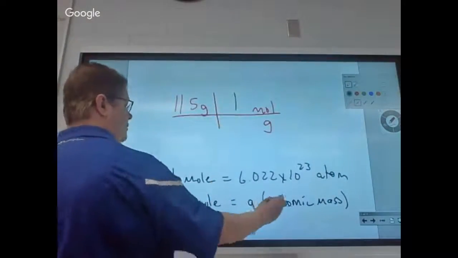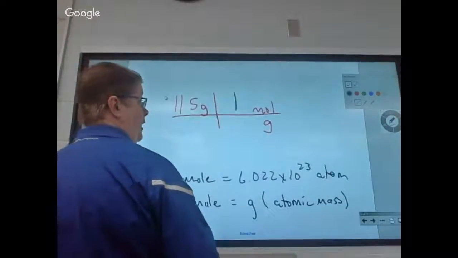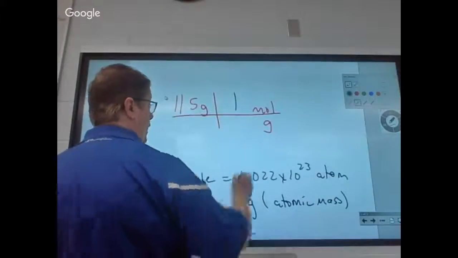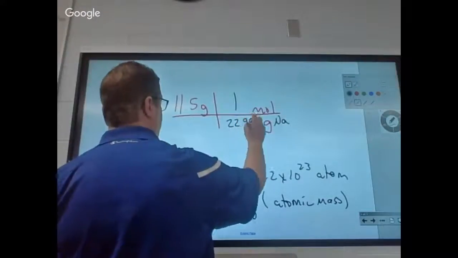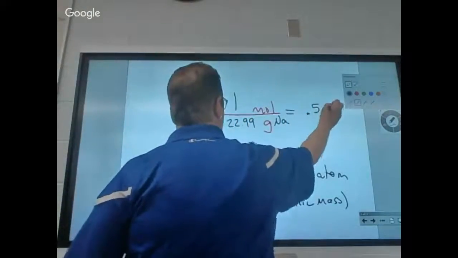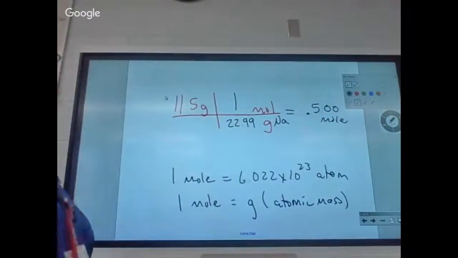What goes beside grams? Atomic mass, right? What element did they give you in number 3? Na. So Na's mass is 22.99. Divide, you get 0.5. We need 2 zeros. All right, mole.